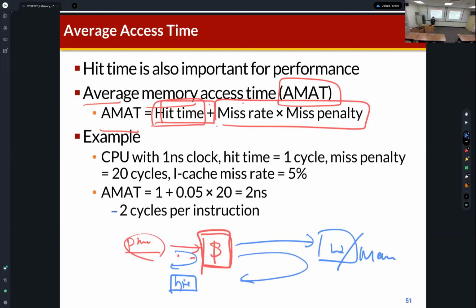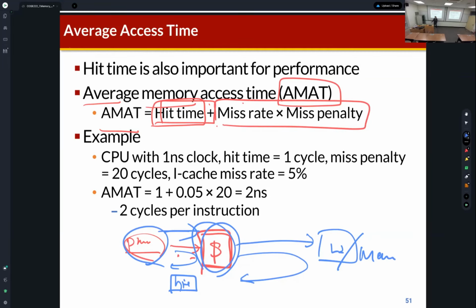So the average memory access time represents the time required for the processor to receive data from the cache.